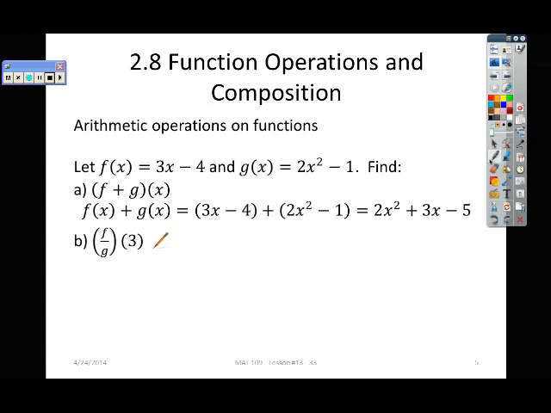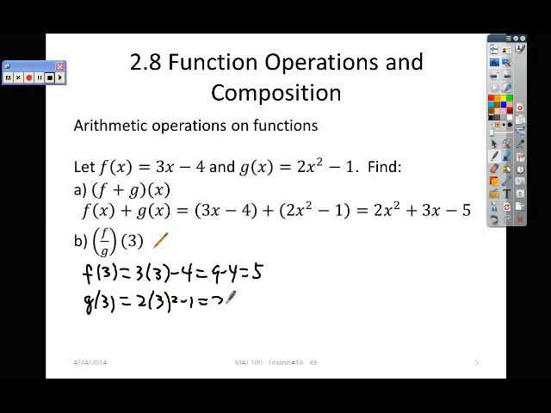So probably the way you'd want to do this is you'd want to do f of 3, which is 3 times 3 minus 4, which is 5. And you'd want to do g of 3, which is 2 times 3 squared minus 1, which is 2 times 9 minus 1, which is 17.